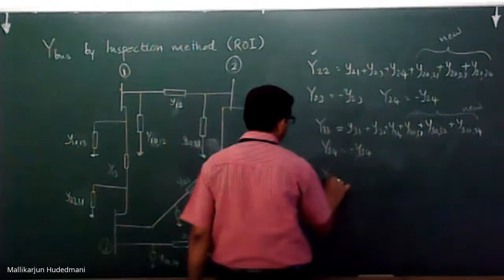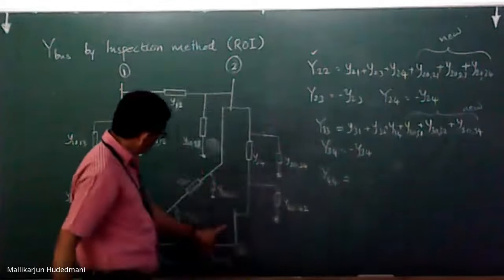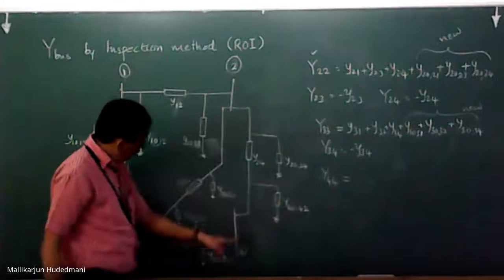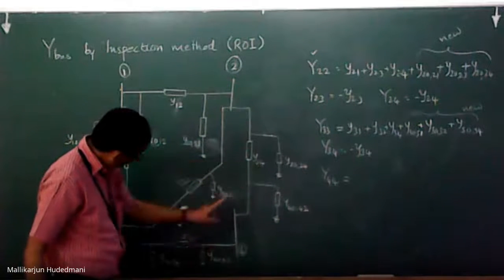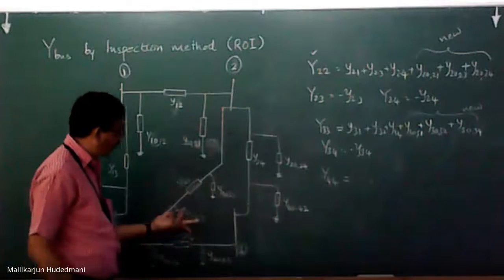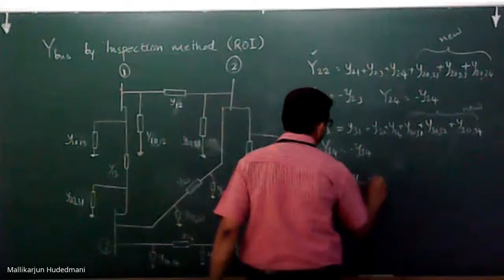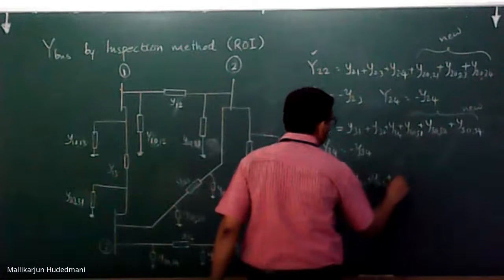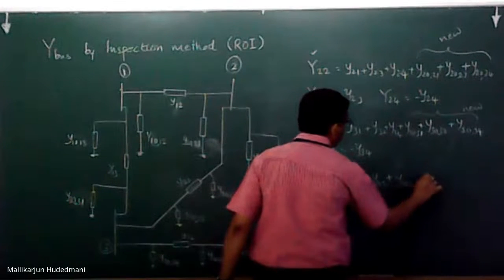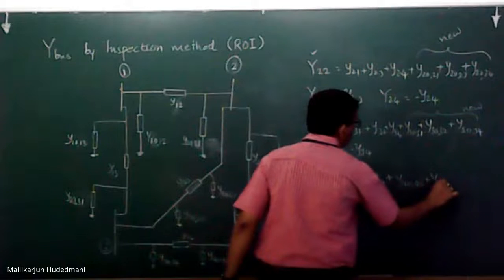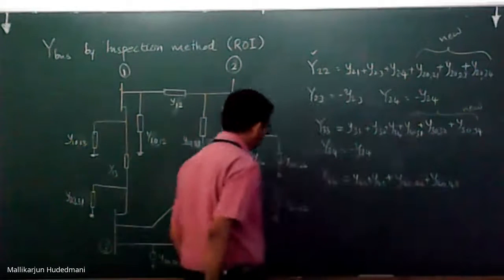Then at bus 4, you would see here you have only two lines, one towards 2, one towards 3. I have to have Y42, Y43. That's all. So it will be Y42 plus Y43 plus Y40 due to 42 plus Y40 due to 43.